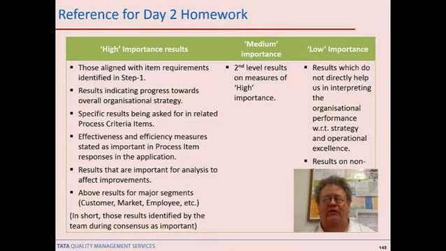Okay, and now we're about to give them day 2 homework, which is to start to work on their results items that they had done in their prior homework. And so this is talking about what would be important results, high, medium, and low.